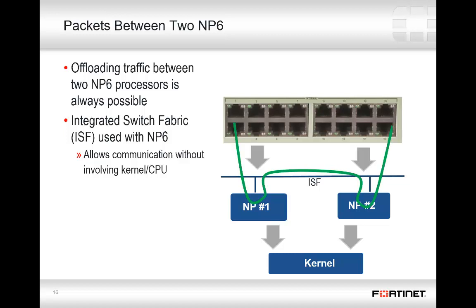Remember that NP6 are not bound to a specific network interface. The reason is similar to NP4 models with EEI. All FortiGate models with NP6 have an integrated switch fabric, or ISF, that allows communication between all interfaces and the NP6 processors. So offloading is possible even if ingress and egress are not on the same NP6.